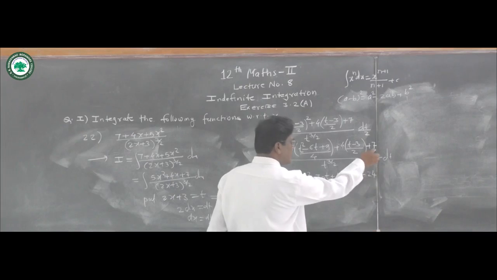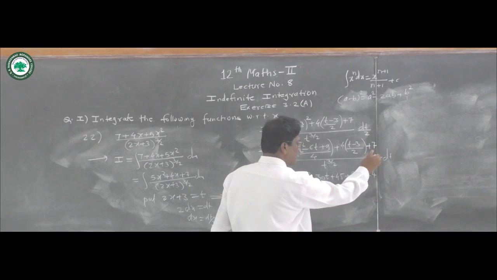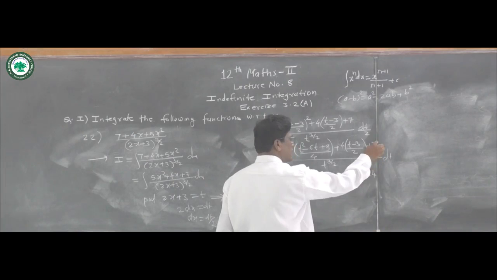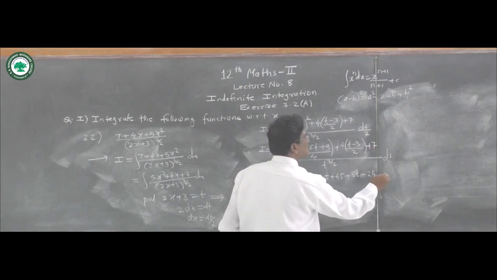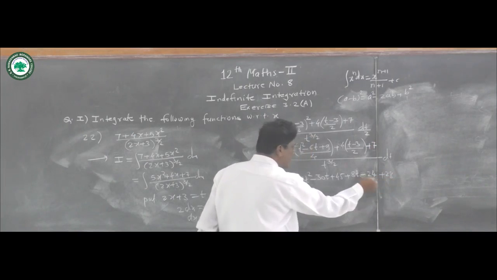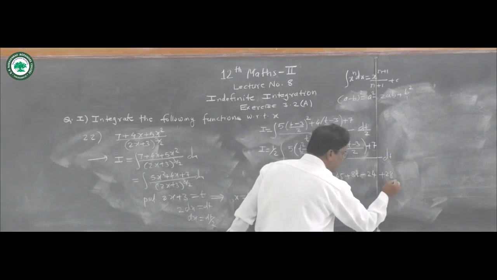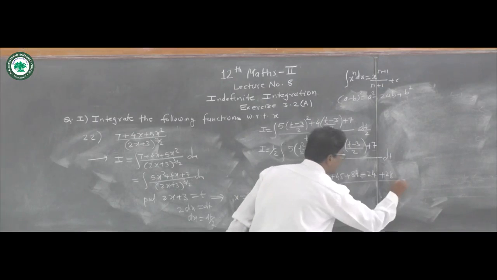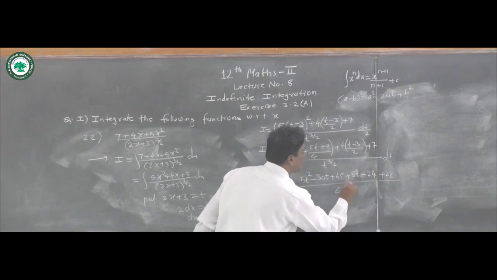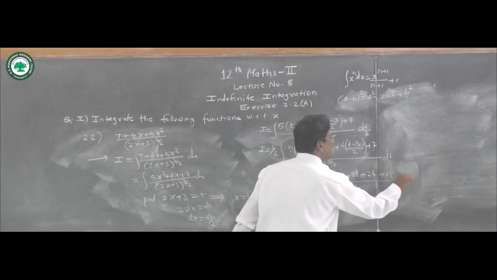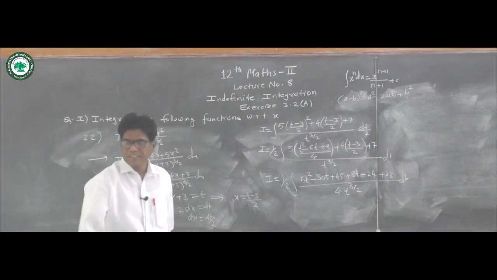Now here multiply by 4 because we have to make the denominator 4, so 4 into 7 is plus 28. Every term has denominator 4, so all the terms are divided by 4 into t to the power 3/2 dt. Get it?